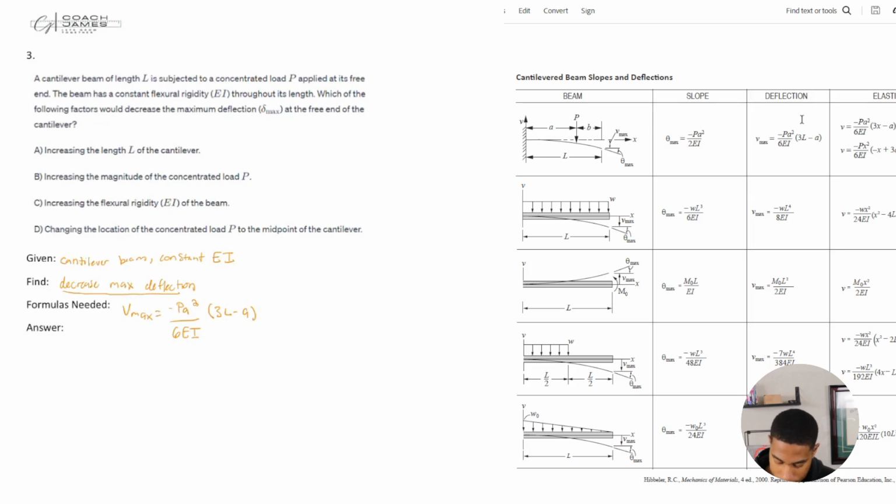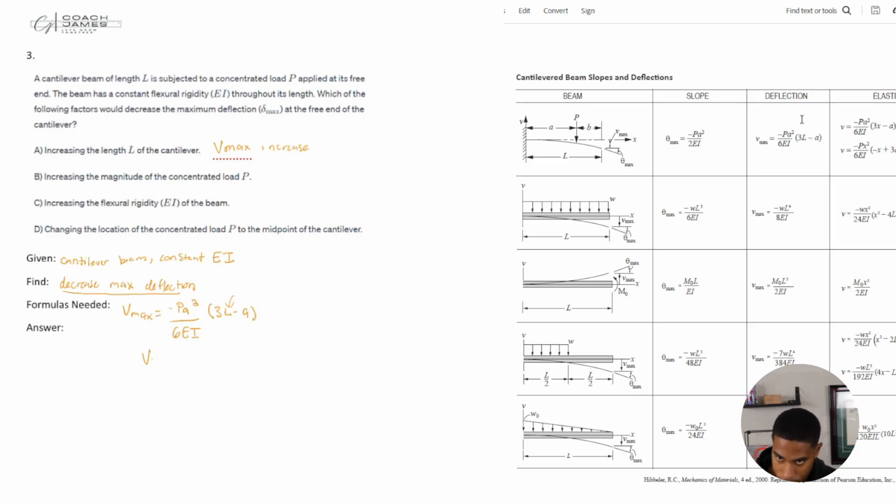So if I increase the length of the cantilever beam, right, I increase L, what happens to this whole equation? Well, if I increase L and everything else is 1, then V max would increase, right? And so I don't think it would be A.